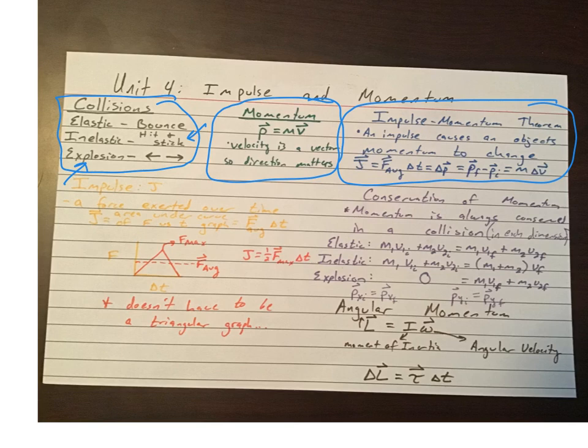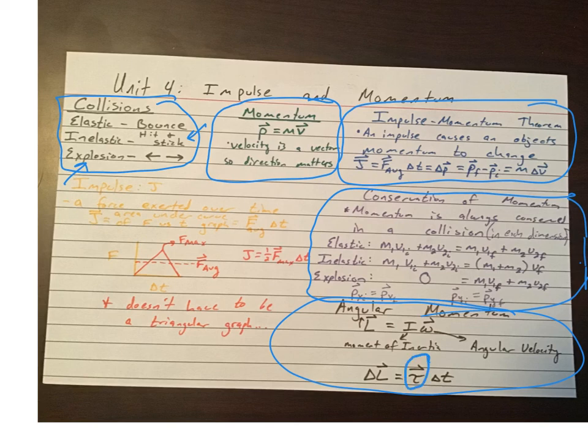Anytime I have a collision, I will use momentum. And with conservation of momentum, we looked at different examples of collisions, and we looked at angular momentum. And again, the weird thing with angular momentum is this whole concept of torque, and torque has to do with rotational motion, which we will take a look at in the next segment.